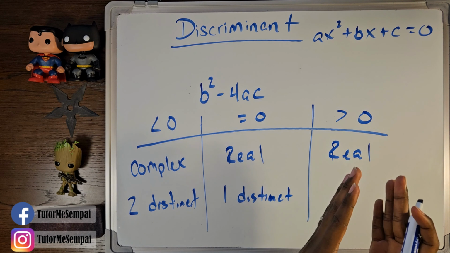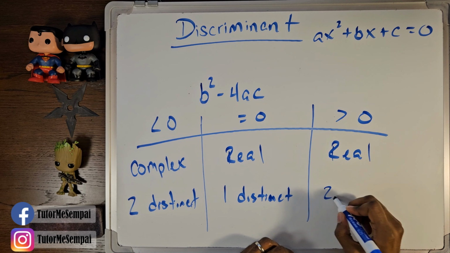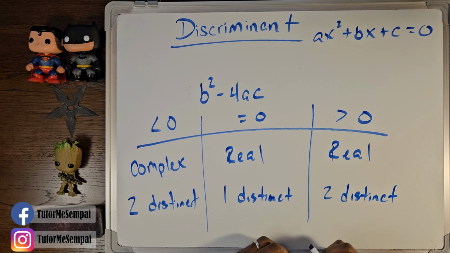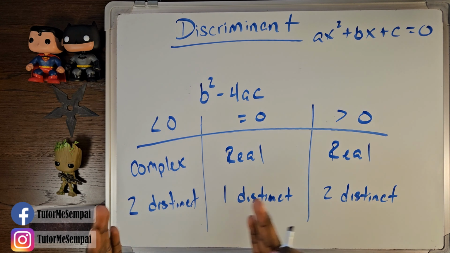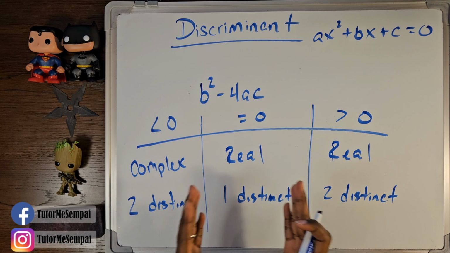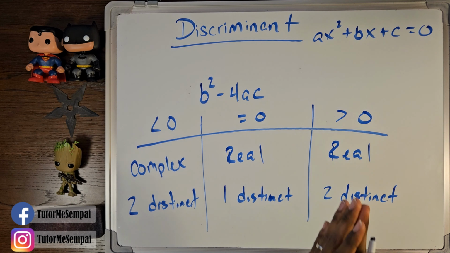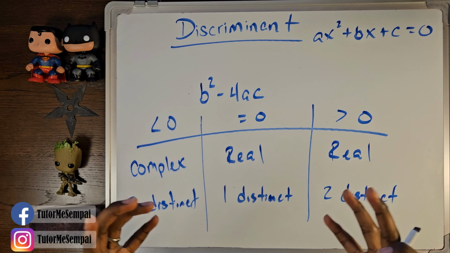And if it's greater than 0, we once again have 2 distinct roots. So if the result is less than 0 or greater than 0, we know that we're going to have 2 different roots. They're not going to be equal to each other. But if it is equal to 0, it's going to be the same root that's repeated. So since we have 2 roots, we have 2 roots that are going to be equal.